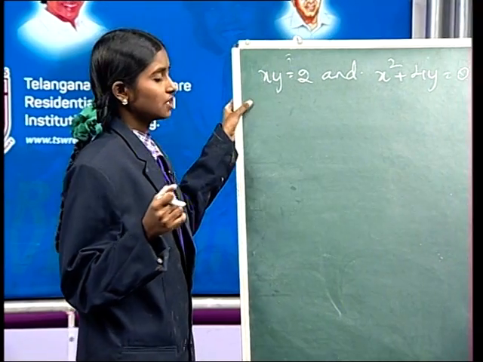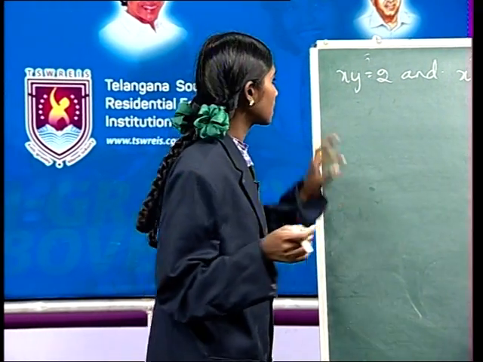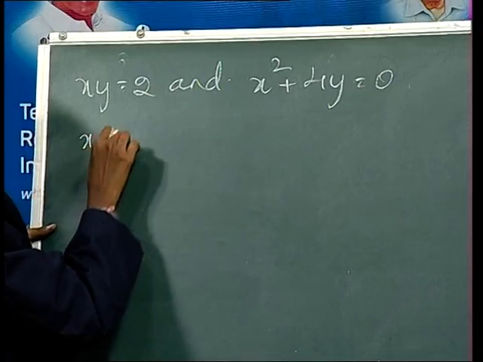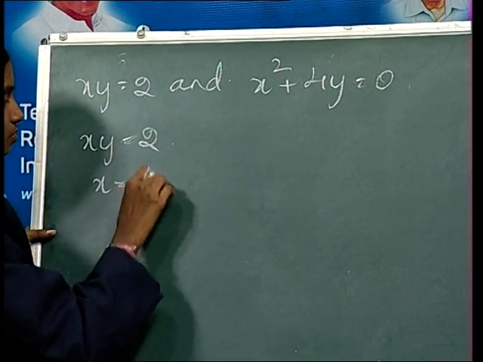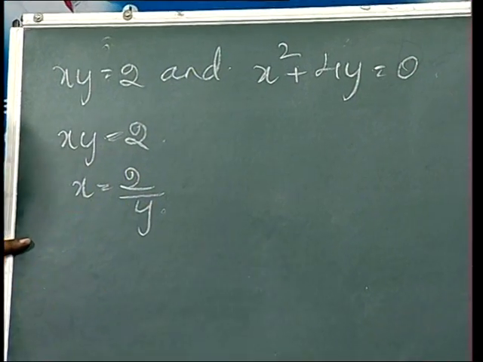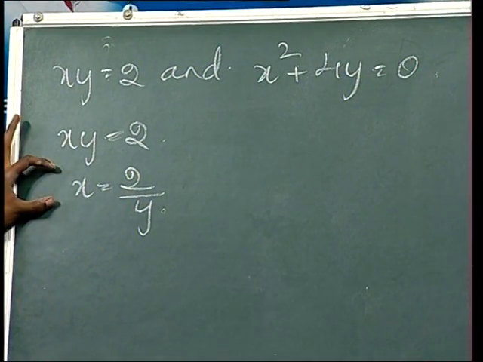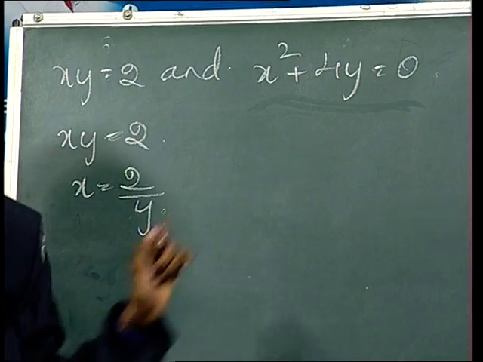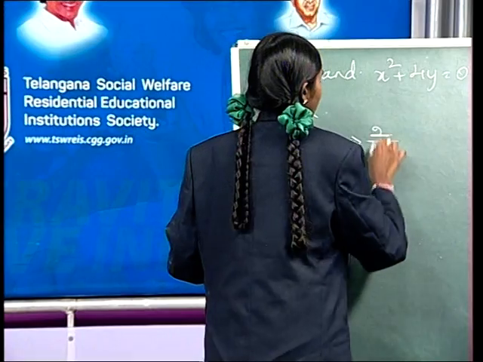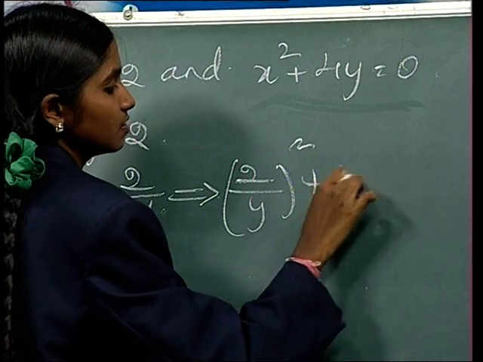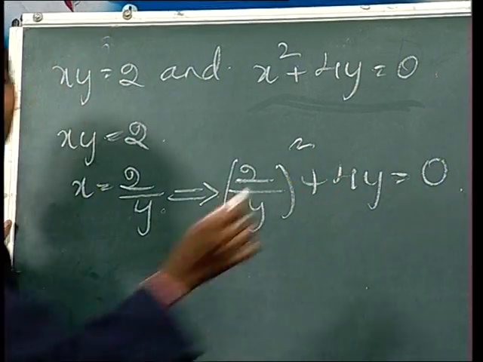So, friends, firstly for finding the intersecting points, I am taking the first curve, that is xy = 2. So, x = 2/y. We are putting this x value in the second equation. So it becomes (2/y)² + 4y = 0, right.